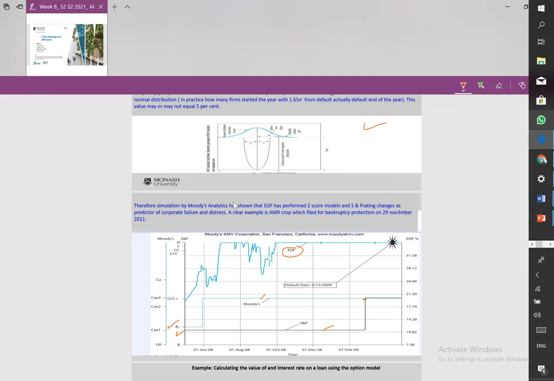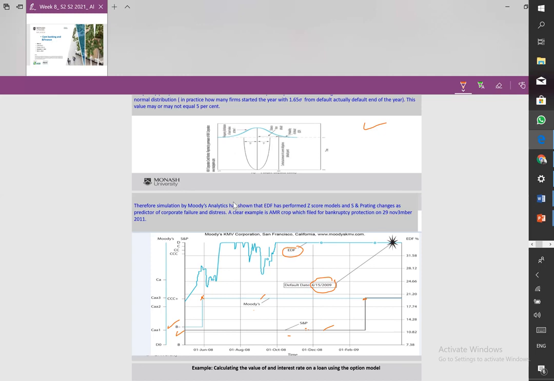This company was defaulted, of course, but all this time it was considered B. Moody's were more conservative, and they took it here on 1 January 2008 and downgraded it to C, and they continued with C until it defaulted. The EDF was more accurate than the methodology of Moody's and Standard and Poor's. Look, it defaulted on 15 April 2009.